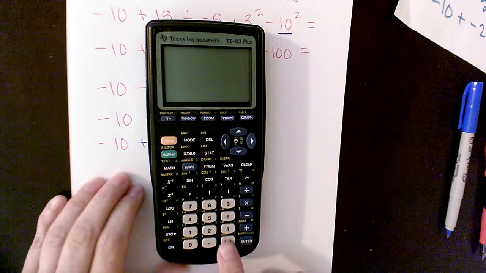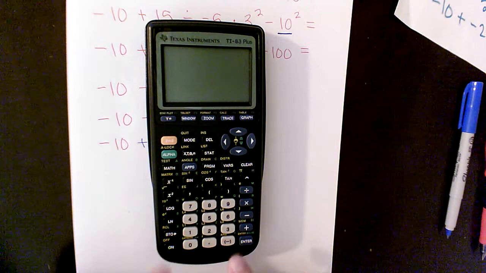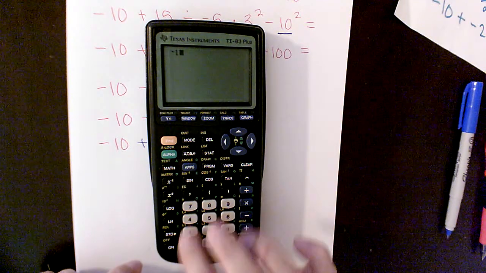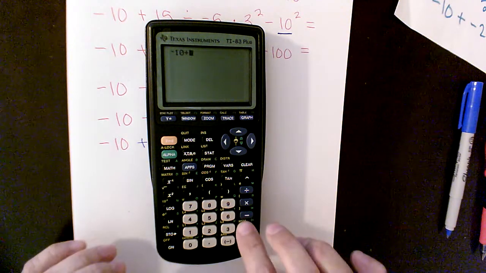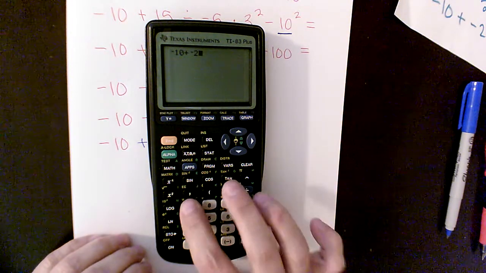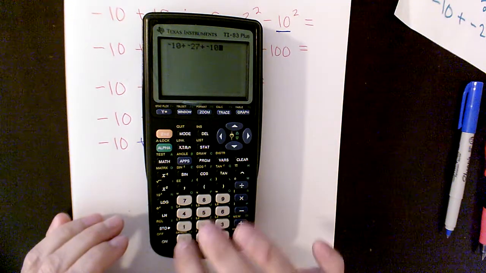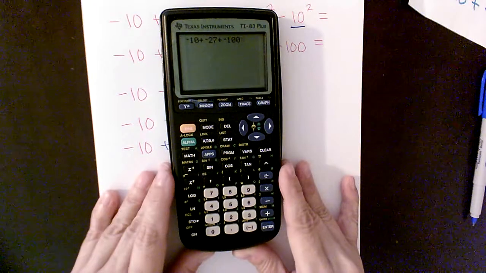So negative is down here, so negative, whoops, let's turn it on. Negative 10 plus negative 27 plus negative 100. Can I get this up here? Whoops, sorry.